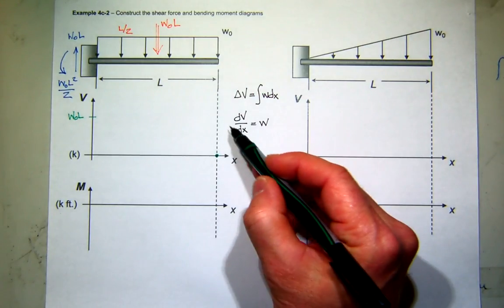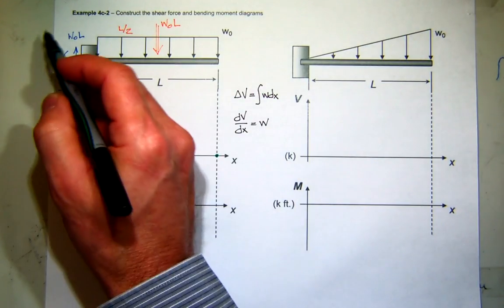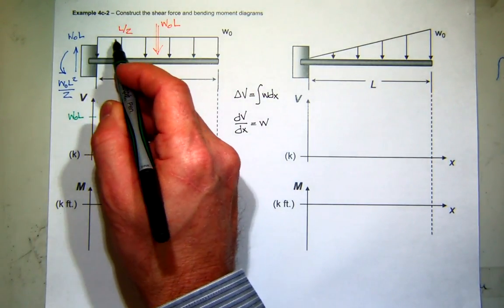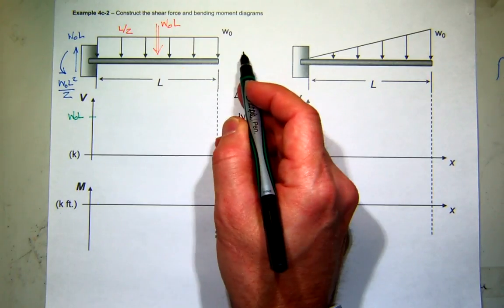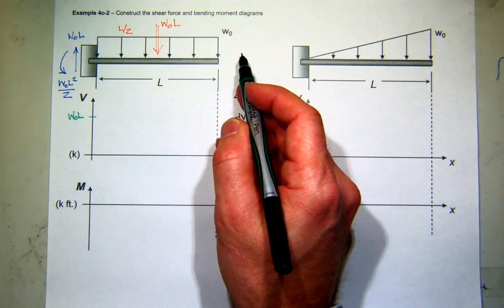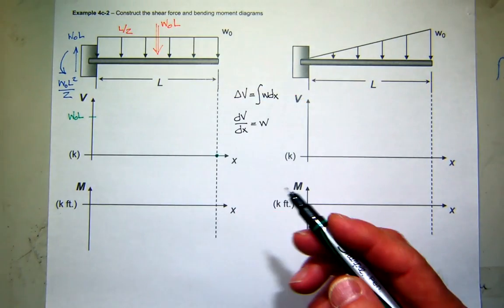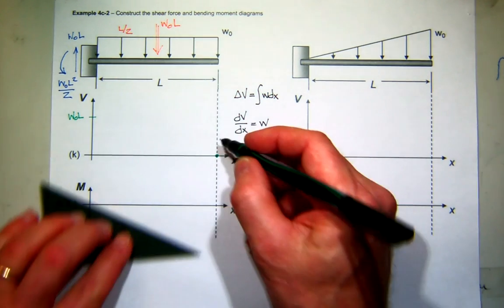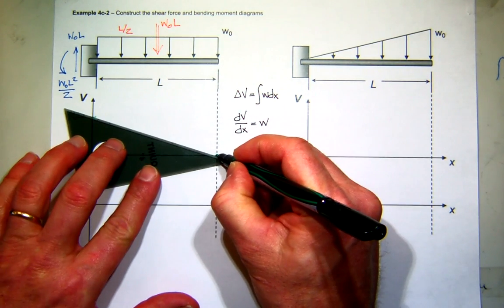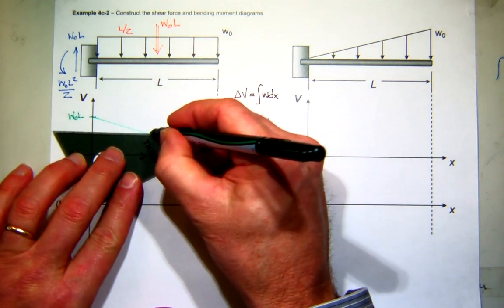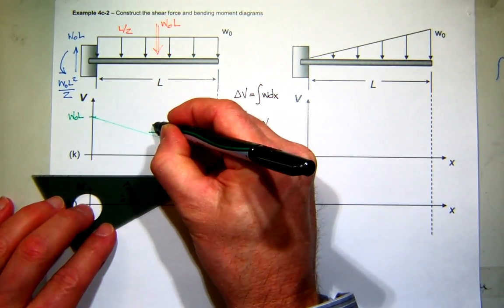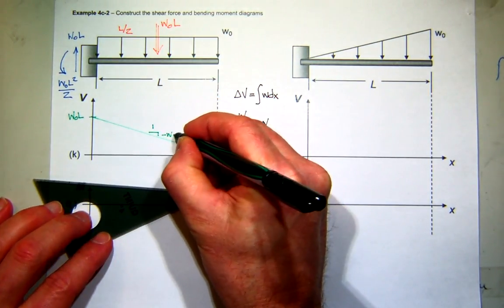And it says the slope of that curve is equal to the load. And what is the load? Well, it's W naught everywhere, right? It's constant. Is it positive or negative load? It's negative, so it should be a negative slope. In fact, if I marked it, the slope would be negative W naught to 1.